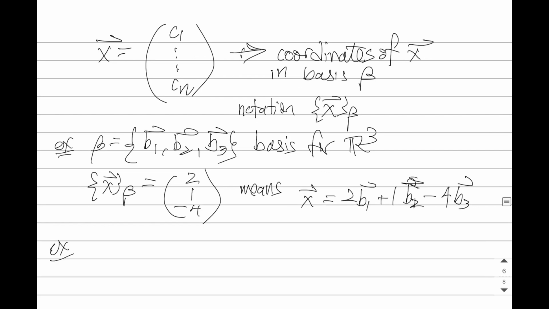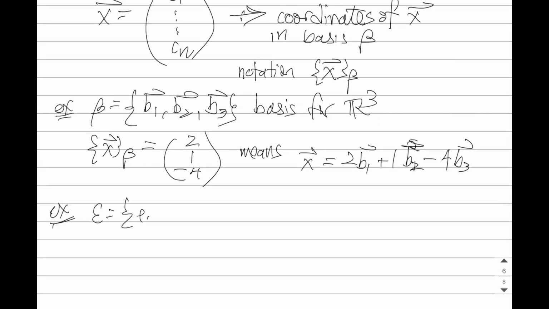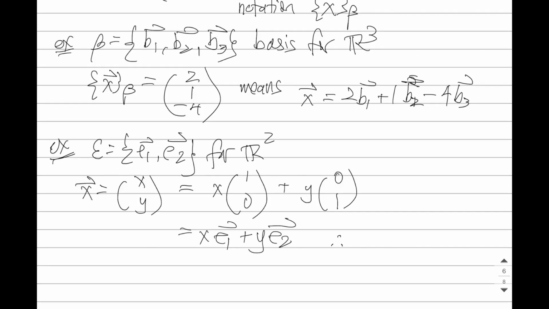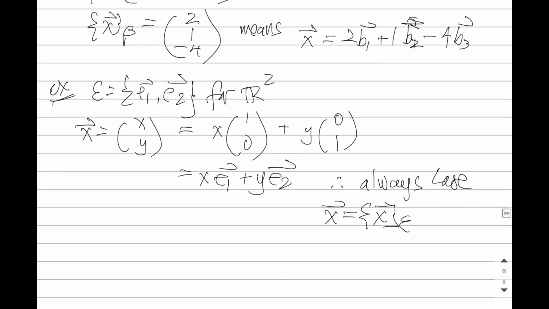If I give you the standard basis vectors, let's say e1, e2, and I tell you a vector x is just (x, y), we've already seen that you could write it like this. x will have that many bunches of e1, and then y bunches of e2, and it's always the case that the vector x on its own is equal to its representation in the standard basis. So we never bother putting these curly brackets with the standard basis because it's always understood that when you write a vector down without reference to coordinates, it's standard basis.